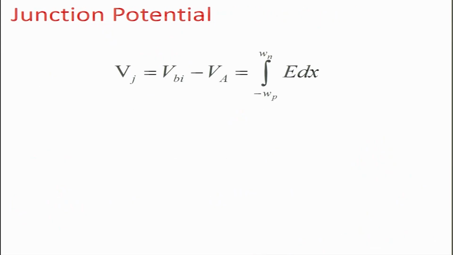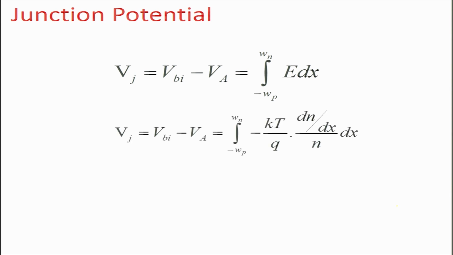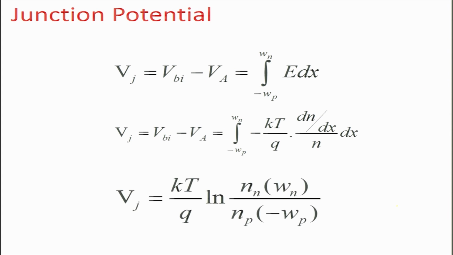If I now do this, this junction potential, VBI minus VA, is equal to minus the integral from minus Wp to Wn of E dx. If you substitute for E, you get a relation for the junction potential, that is kT divided by q into ln of Nn at Wn over Np at minus Wp.